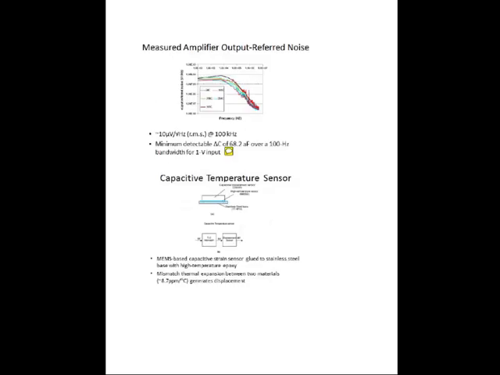Okay. The next one is our amplifier's output referred noise performance. So we measured it about 10 microvolts over square root of hertz RMS at 100 kilohertz. What that means is it's about 68.2 attofarad over 100 hertz bandwidth with 1 volt peak to peak input.